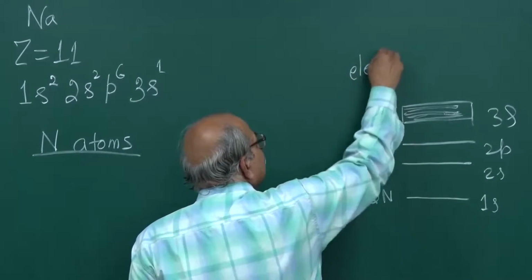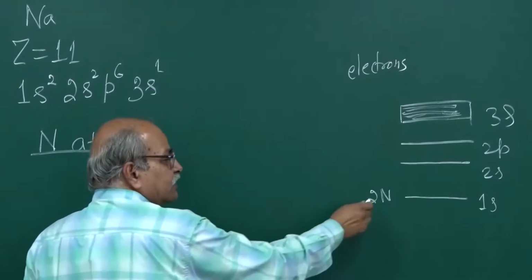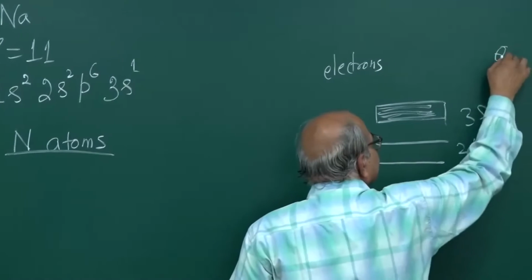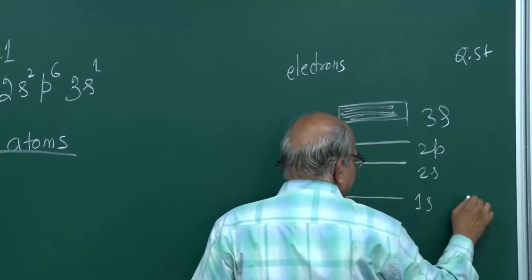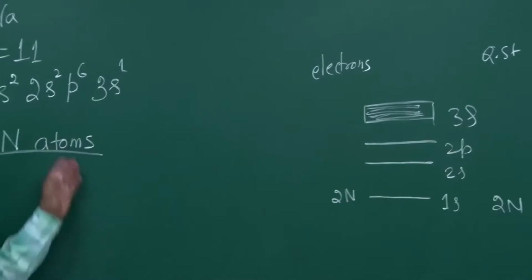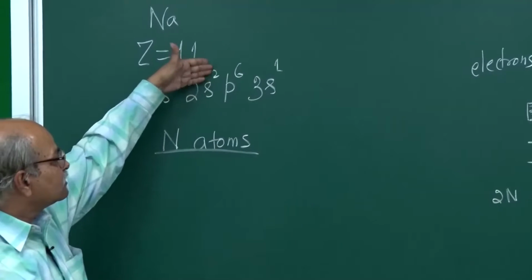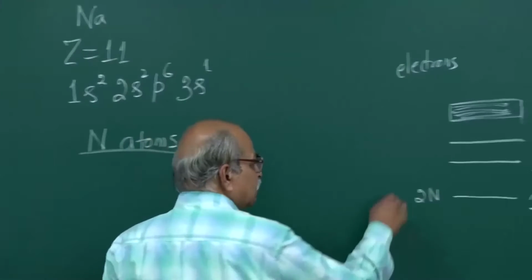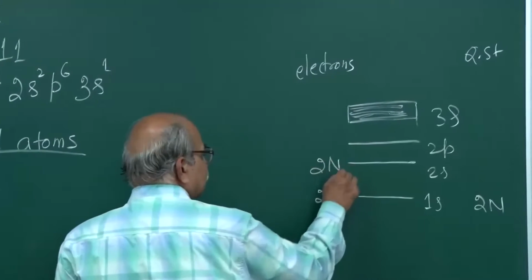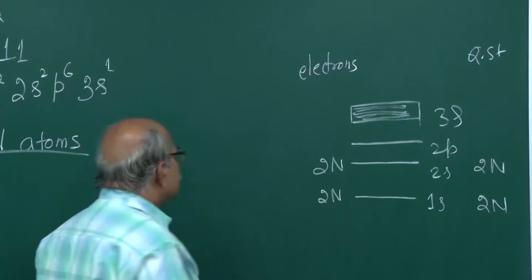Here the number of electrons is 2n, and the number of quantum states is also 2n. Then in 2s also, for each atom you have 2 electrons, so here also you have 2n electrons and 2n quantum states.